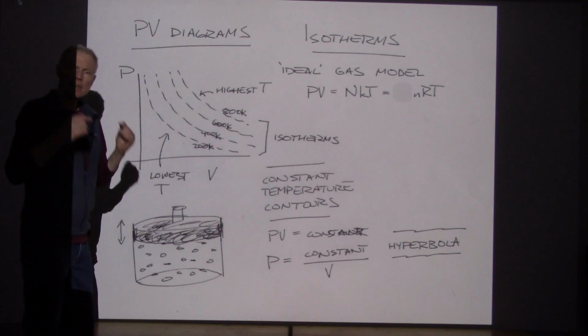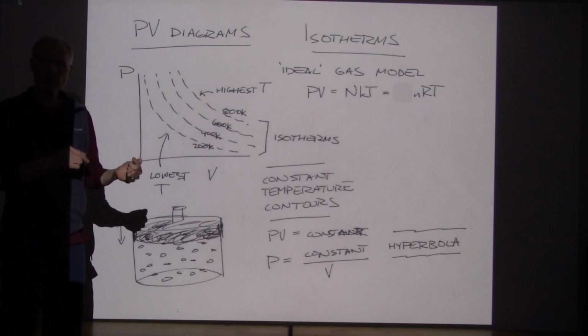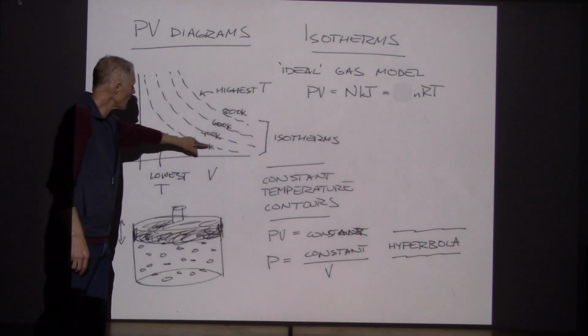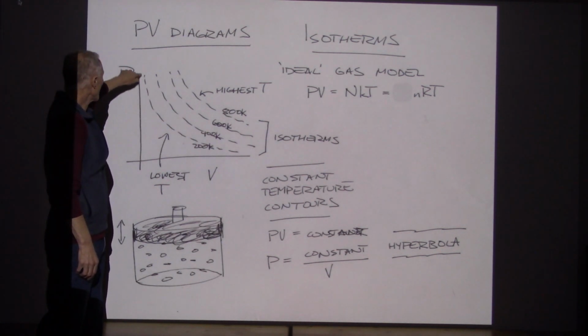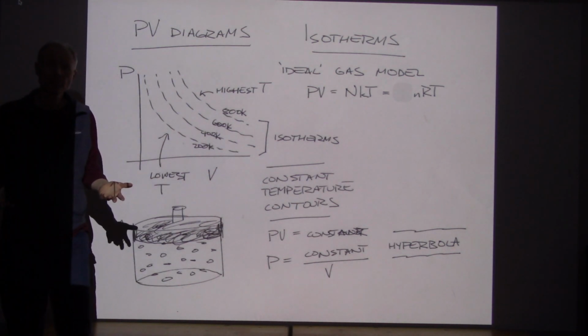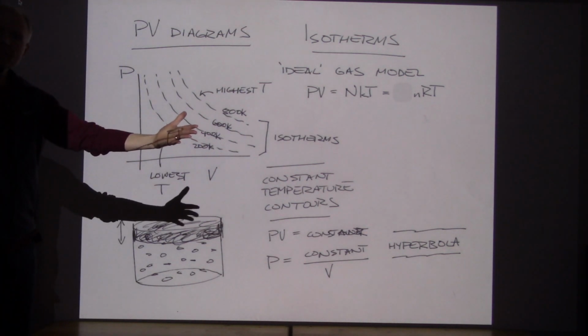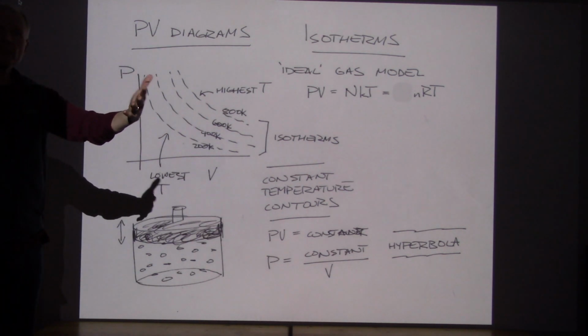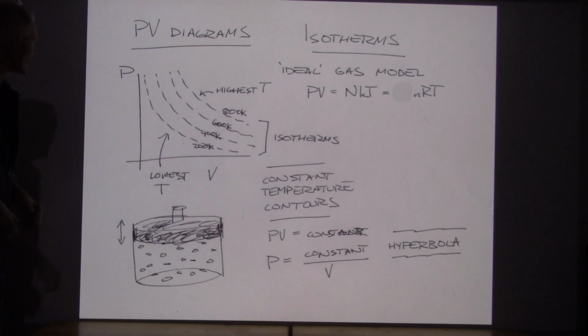So anytime we keep the temperature constant, we'll have a hyperbolic contour where all the points along it correspond to the same temperature. As the volume gets less, the pressure goes up. And as the volume increases, the pressure goes down.